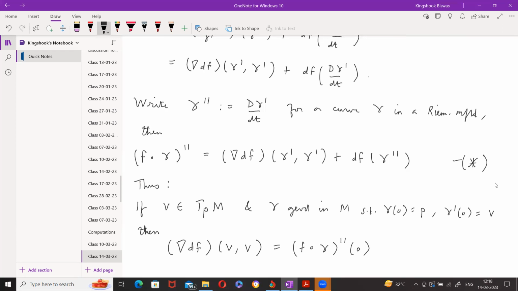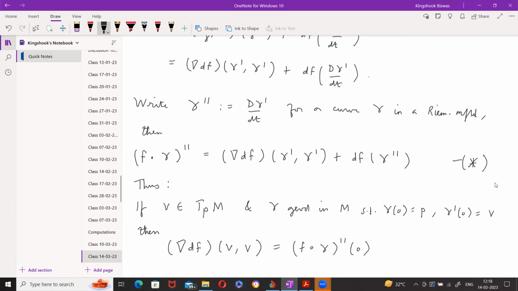This should remind you of the formula we proved for maps in Euclidean space, that the second derivative applied to v comma v was just the second derivative of the map f restricted to a straight line p plus tv. The point is, a straight line is a geodesic in Euclidean space.